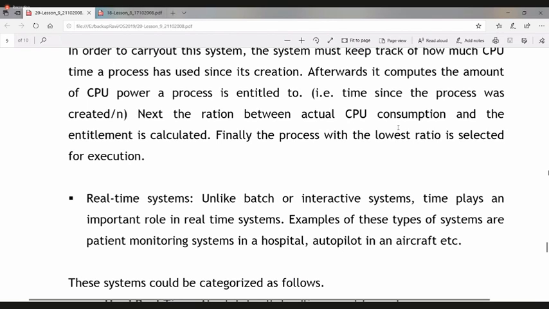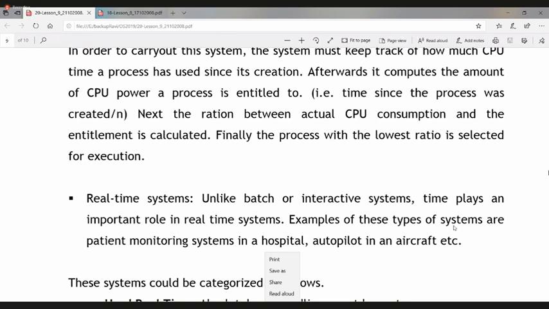Okay. So we have another system, the third type, called real-time systems, like flight simulators and so on. So we need different types of algorithms for real-time systems. Why? Unlike batch or interactive systems, in real-time systems time plays an important role because you have to meet deadlines.